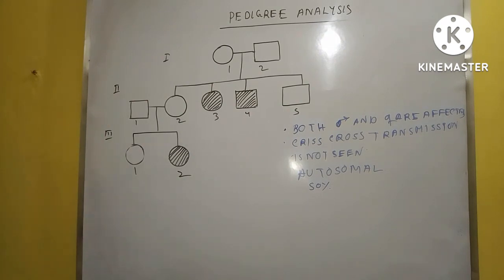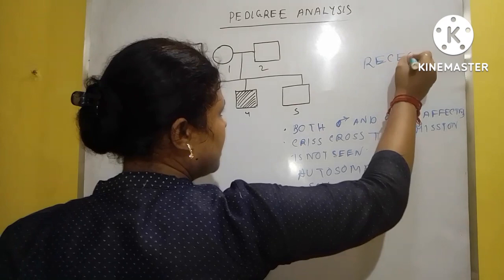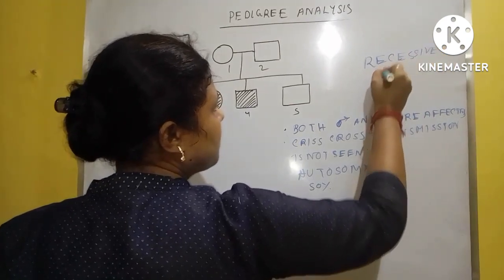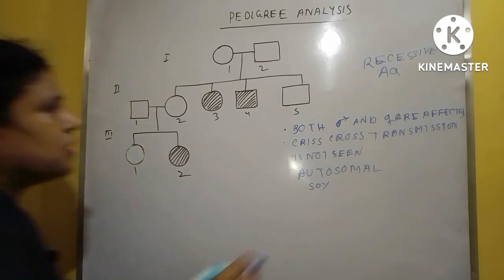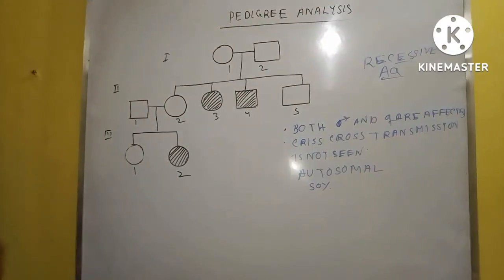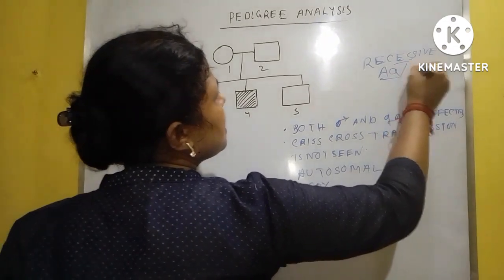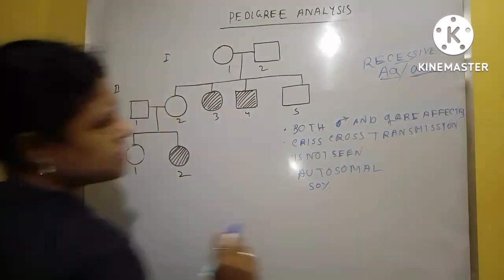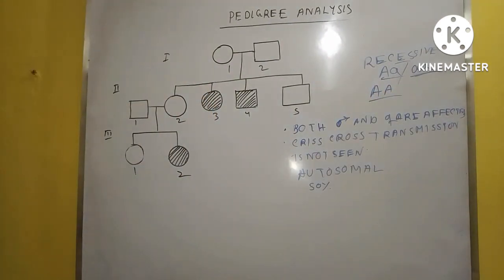Now we have to identify whether it is autosomal dominant or autosomal recessive. In autosomal recessive, the gene remains in the heterozygous form, Aa, and the homozygous recessive is small a small a, not capital A capital A, which is not generally seen because it is recessive autosomal.